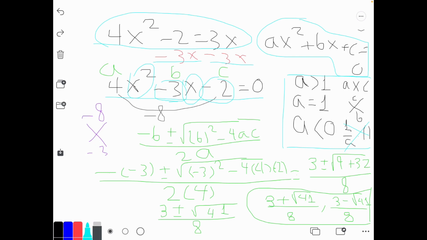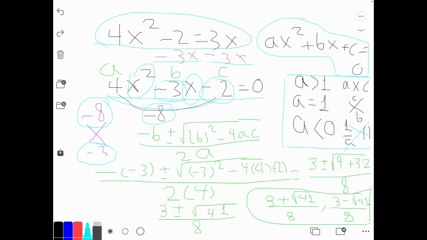But in our situation, a is more than 1, so we multiply 4 by minus 2, which gives minus 8. Now we cannot find any numbers that multiply to minus 8 and add up to minus 3. I couldn't think of any.